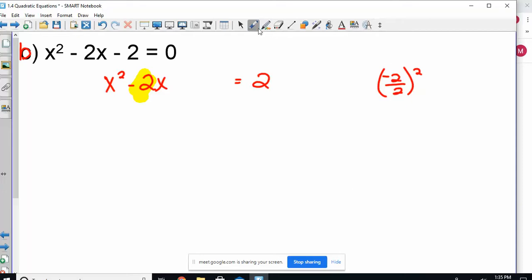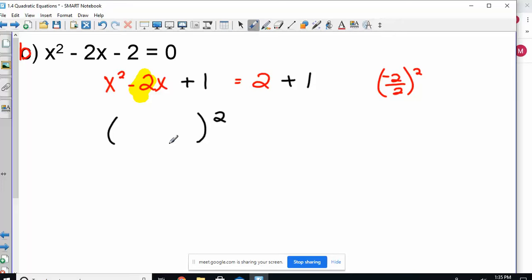So -2 divided by 2 is -1, -1 squared is +1. So we add 1 to each side. Then we can factor. We just created a perfect square, so this will factor into something squared every single time.